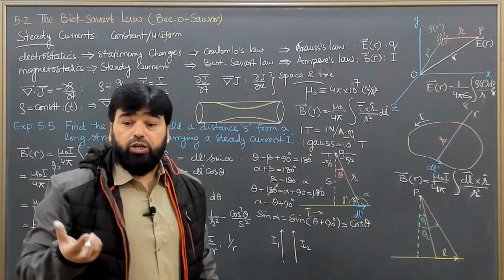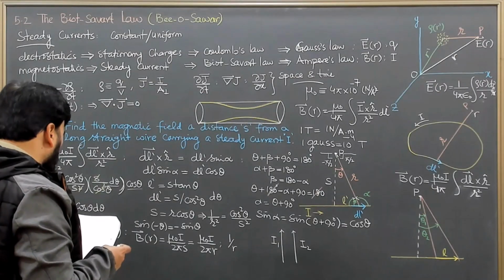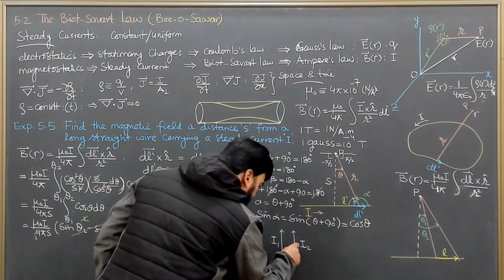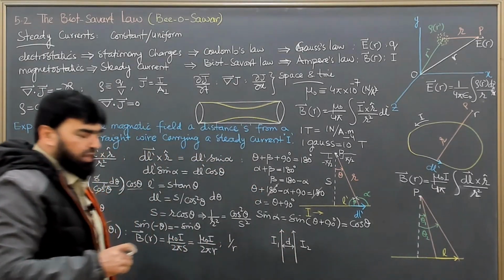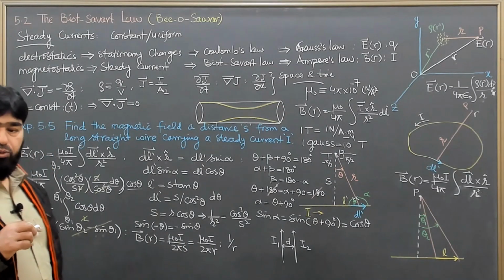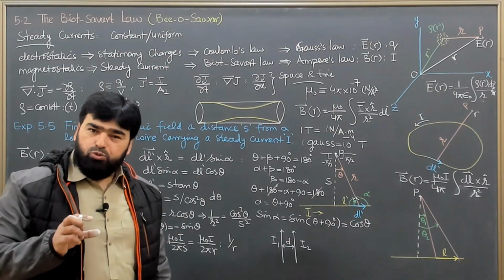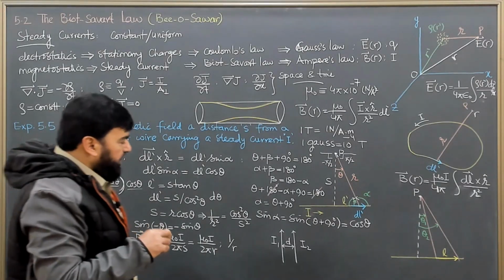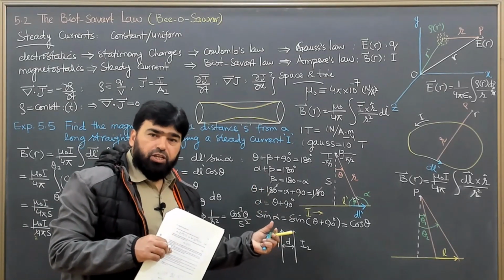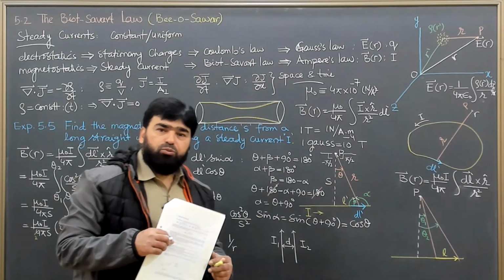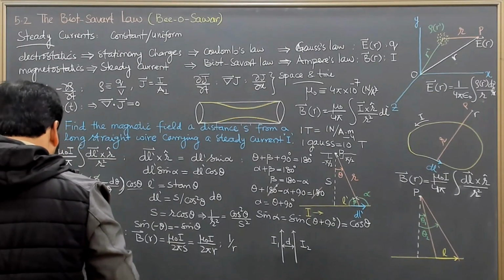Just like Q1 and Q2 charges, we now have currents I1 and I2, and their separation is, let's say, equal to D. Now, this scenario is opposite to what we have discussed earlier. Similar charges repel each other, opposite charges attract each other. And here, currents going in the same direction in both wires will attract each other, while currents going in opposite directions will repel each other. So you will have to keep that in mind as well.